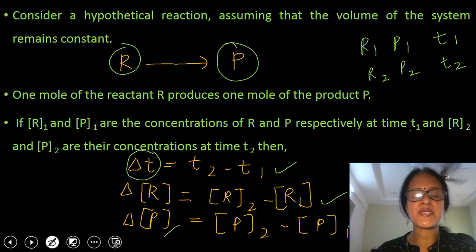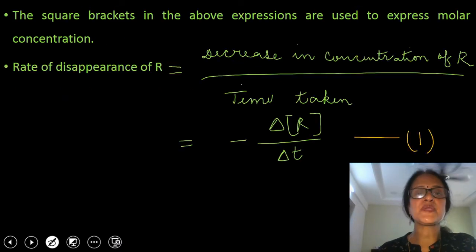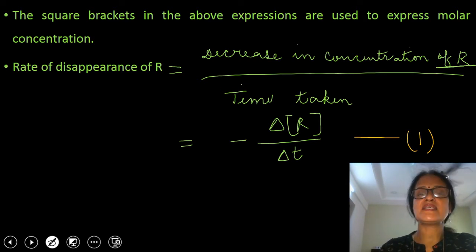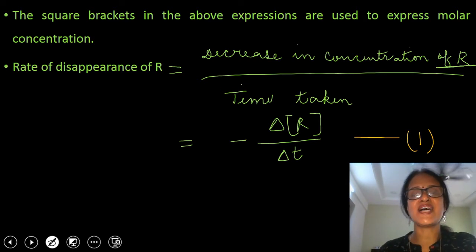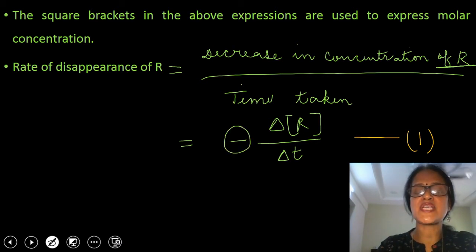So we can express the rate of reaction either in terms of decrease in concentration of one of the reactants or in terms of increase in concentration of one of the products. So we can express rate of reaction as the decrease in concentration of reactant R. So we will write here minus delta R by delta T. I want to discuss with you why we have taken the minus sign in this expression.